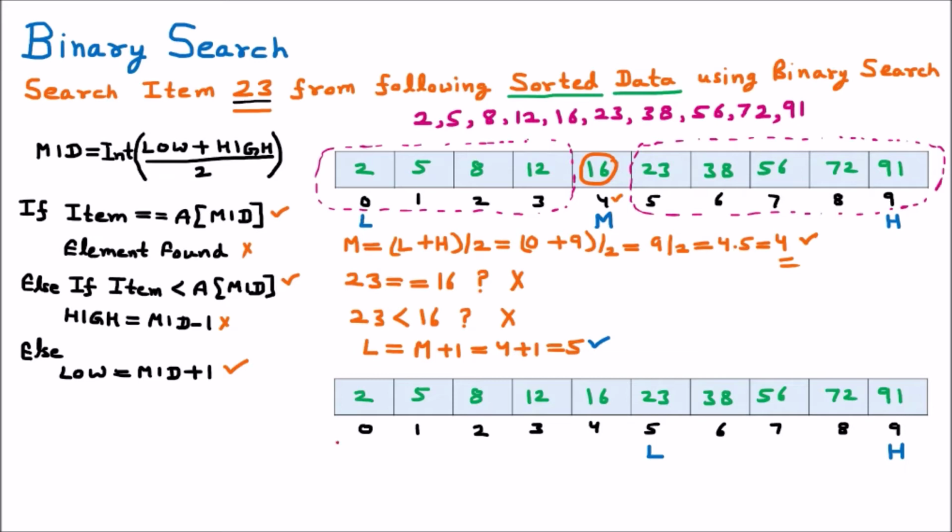We are not going to search it, because with the help of binary search we have seen that our element 23 is not in the first part. So that part we are not even going to scan. That's why binary search takes little time for searching, because we are not even considering half of the array. Now we are only going to look at the next part.